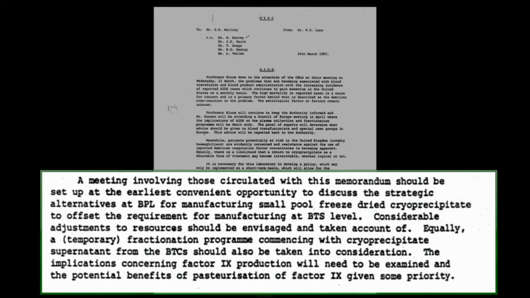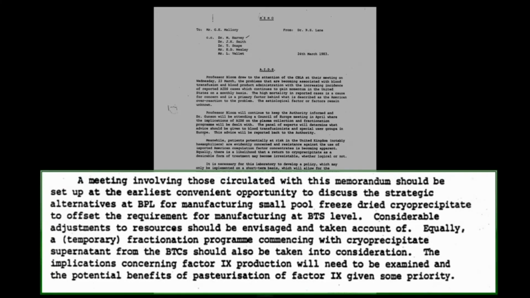A meeting involving those circulated with this memorandum should be set up at the earliest convenient opportunity to discuss the strategic alternatives at BPL for manufacturing small pool freeze-dried cryoprecipitate to offset the requirements for manufacturing at BTS level. Considerable adjustments to resources should be envisaged and taken account of.